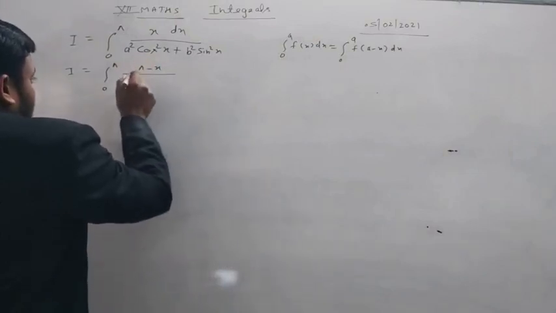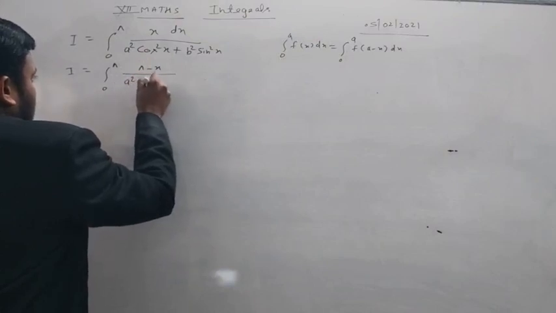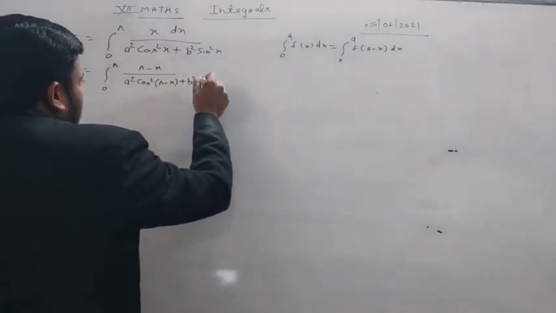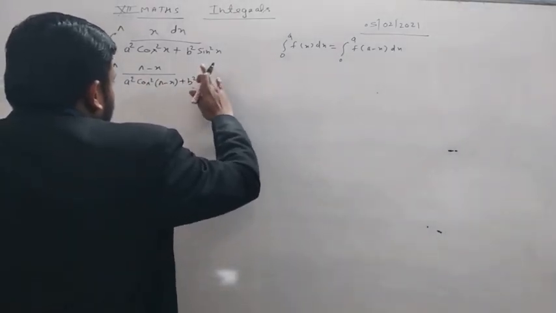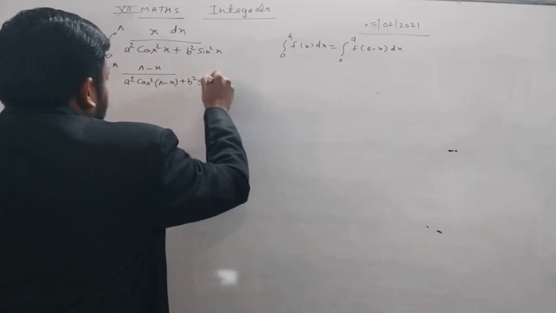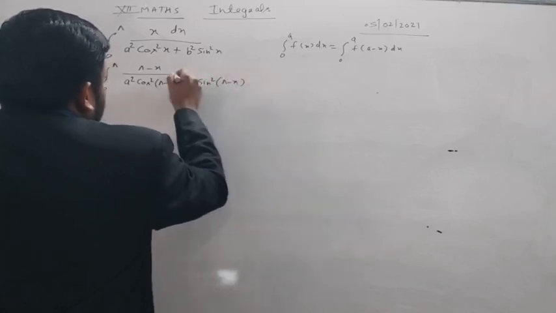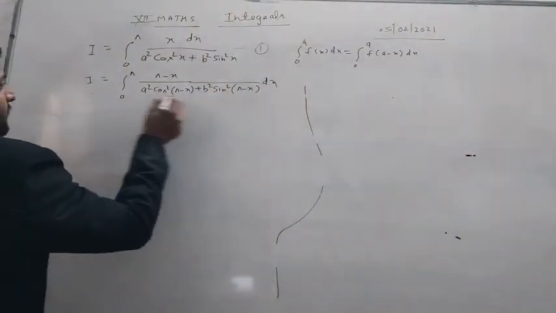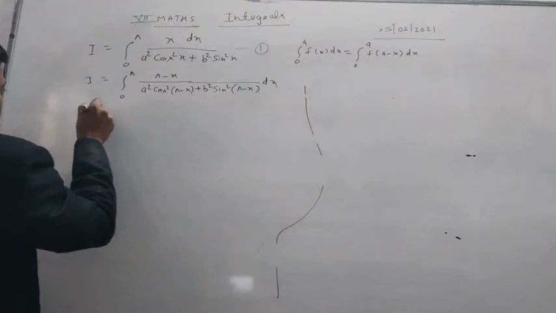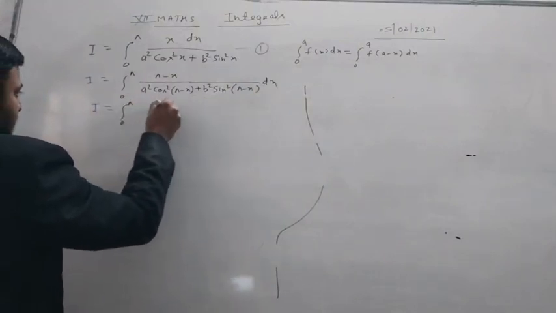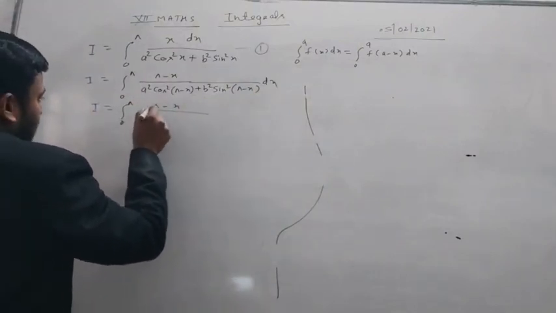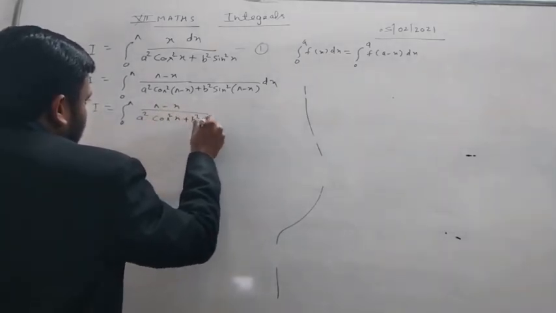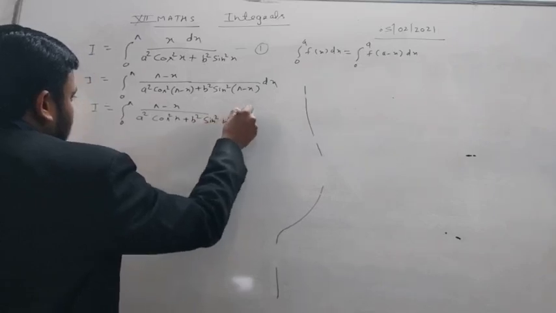We write pi minus x by a square cos square (pi minus x) plus b square sin square (pi minus x) dx. Okay students, so now for this I, which is from 0 to pi, we can write pi minus x by a square cos square x and b square sin square x dx.